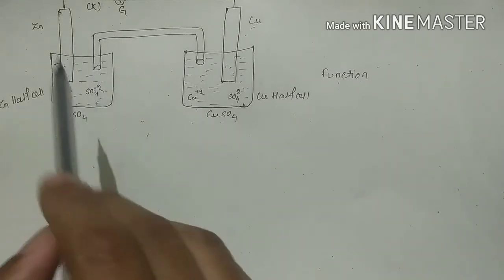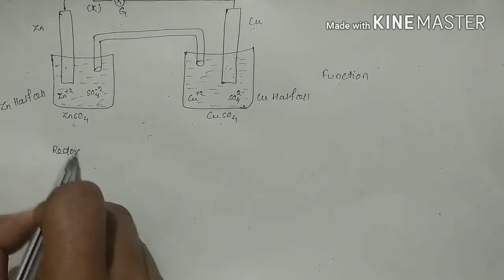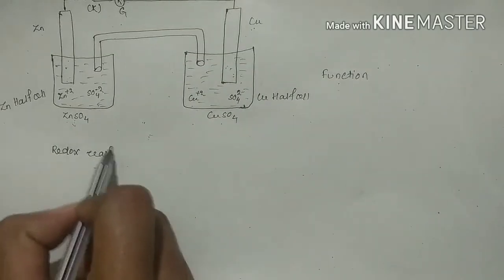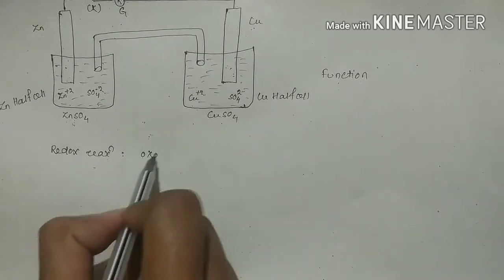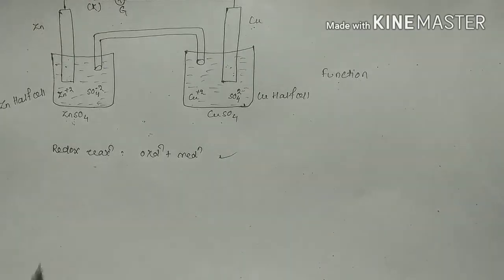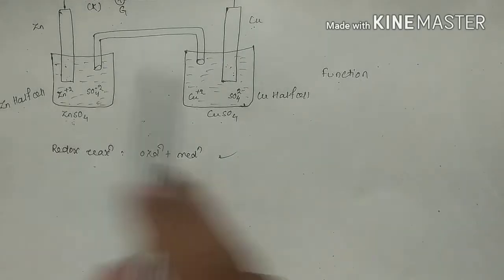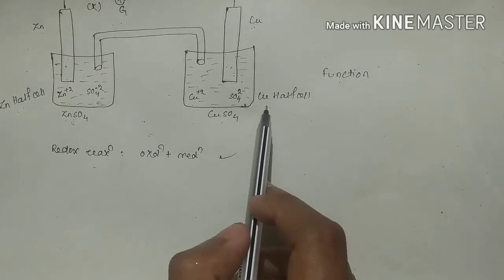We know that in this device a redox reaction takes place, which means both oxidation and reduction take place simultaneously. So in the zinc half cell oxidation takes place, and in the copper half cell reduction takes place.